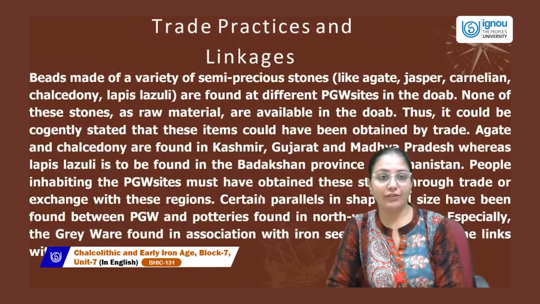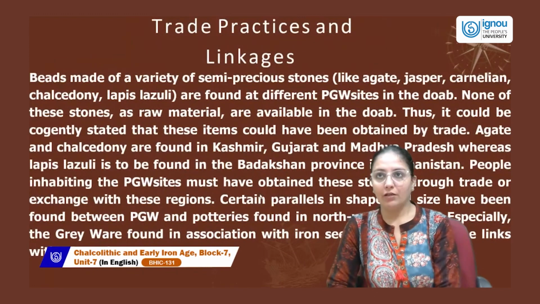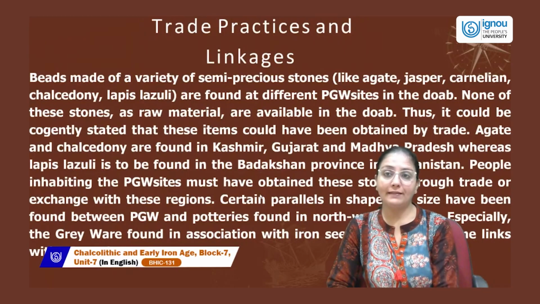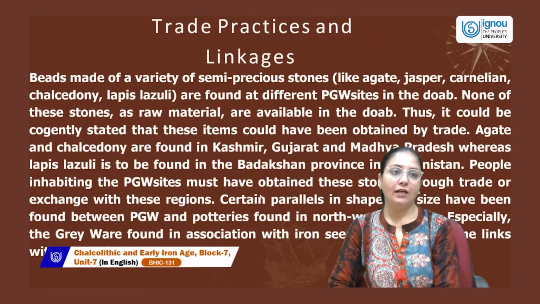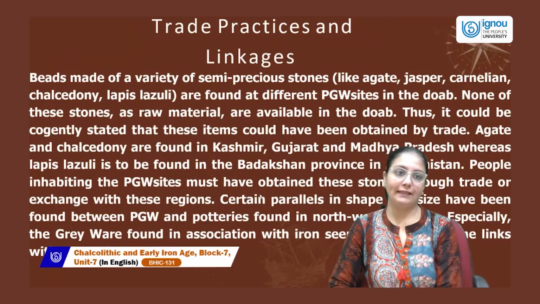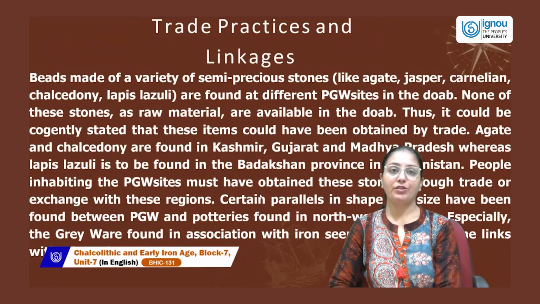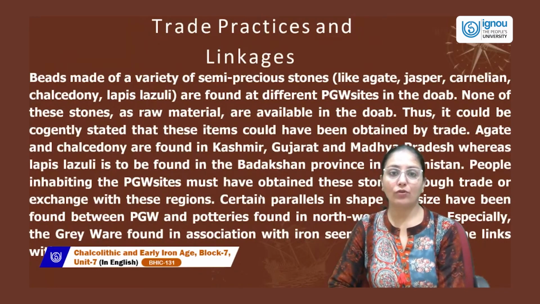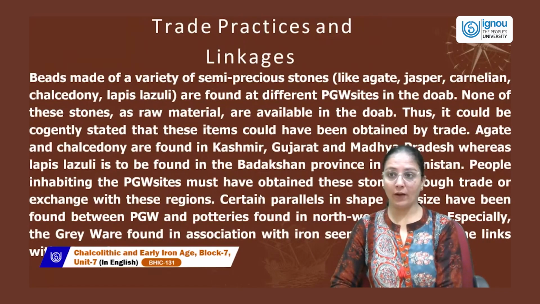Trade practices which they have done, just like we have studied, we have seen that so many metals they were using, just like beads made of a variety of semi-precious stones, jasper, carnelian, lapis lazuli. They were very precious. They are found at different PGW sites in the Doab. None of these stones as raw material are available in the Doab. Thus, it could be cogently stated that these items could have been obtained by trade.